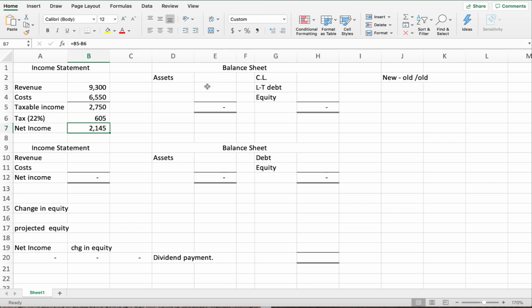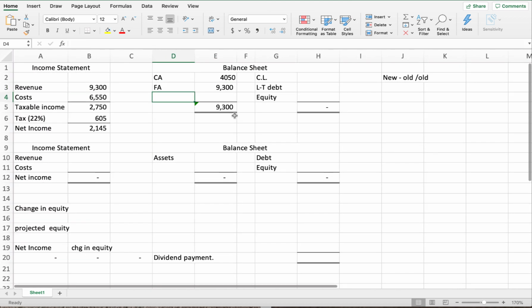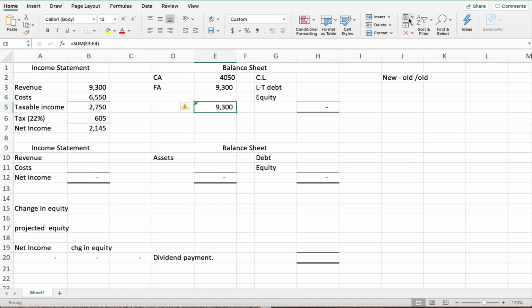Okay. For assets, we have 4050. Those are my current assets. And my fixed assets are 9300. I apologize, my mouse is super duper fast.